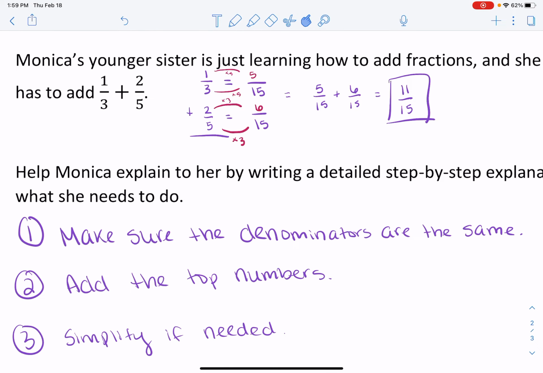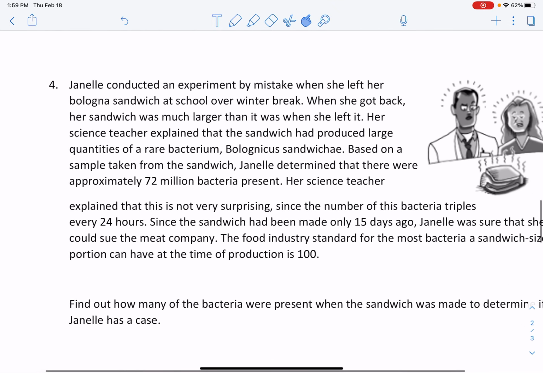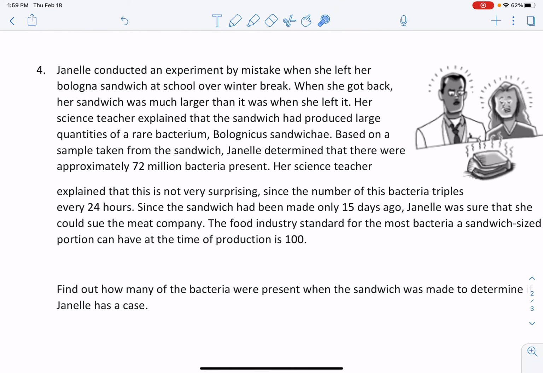Okay. So the very last question says, Janelle conducted an experiment by mistake when she left her bologna sandwich at school over winter break. When she got back, her sandwich was much larger than it was when she left it. Her science teacher explained that the sandwich had produced large quantities of rare bacterium, like some gross bologna sandwich bacteria, right? So based on a sample taken from the sandwich, Janelle determined that there were approximately 72 million bacteria present.